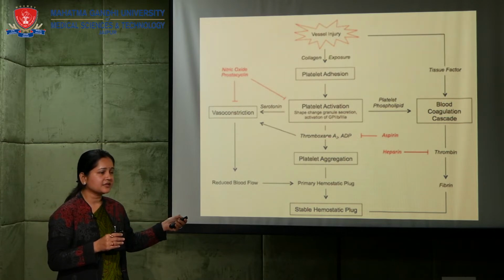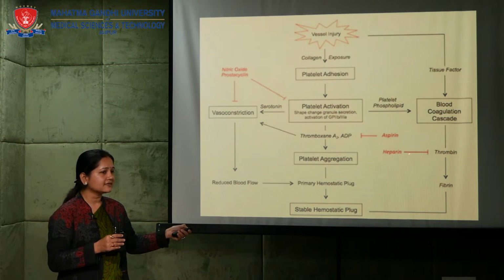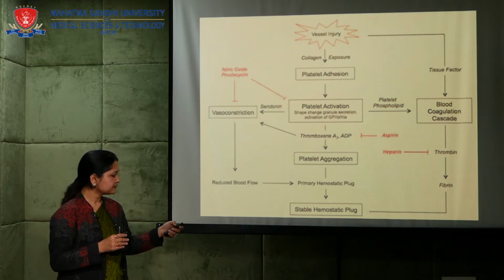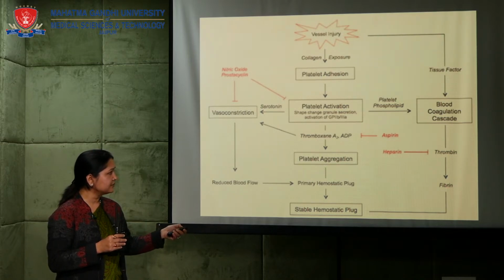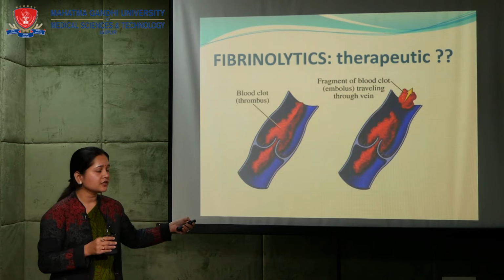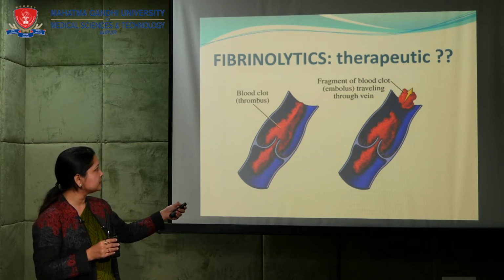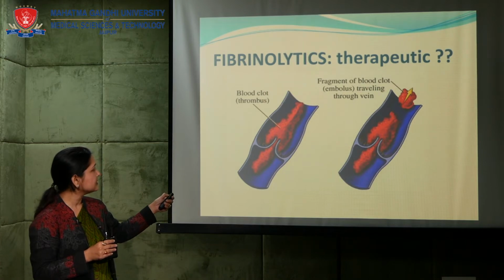Aspirin works by inhibiting thromboxane A2, and heparin works by inhibiting thrombin from converting fibrinogen to fibrin. They actually prevent clot formation, while fibrinolytics help in dissolution of the clot. So if the clot has formed, at that time the therapeutic drug available is a fibrinolytic.